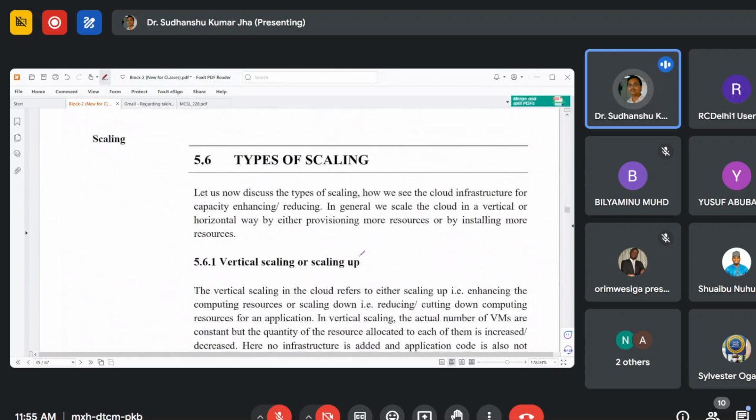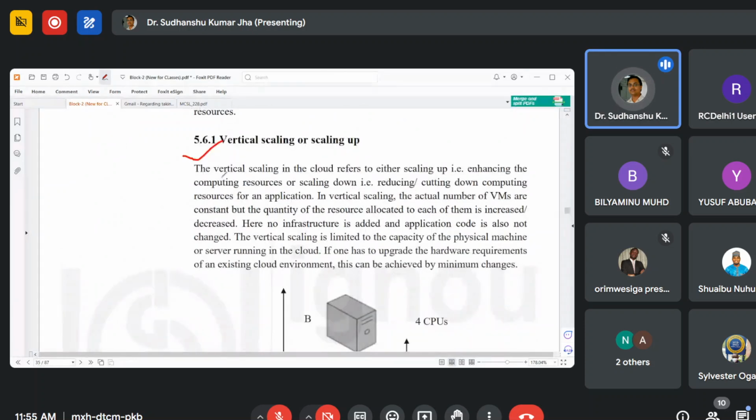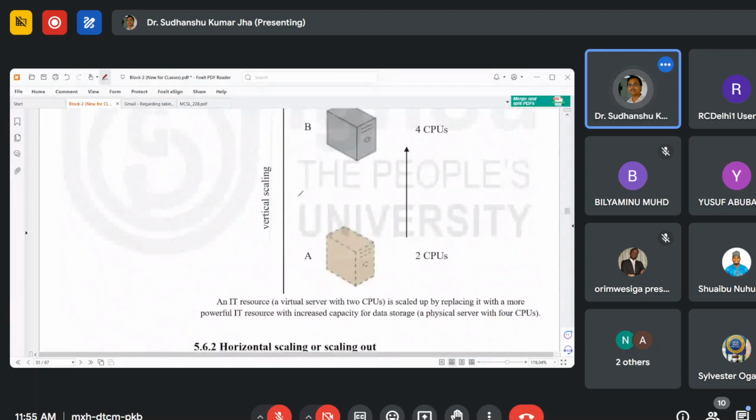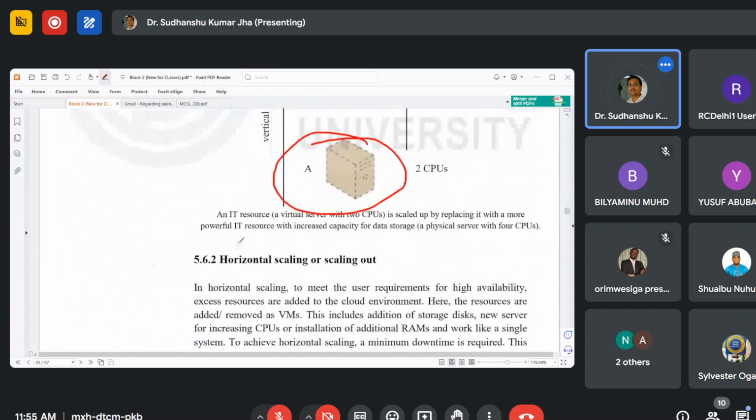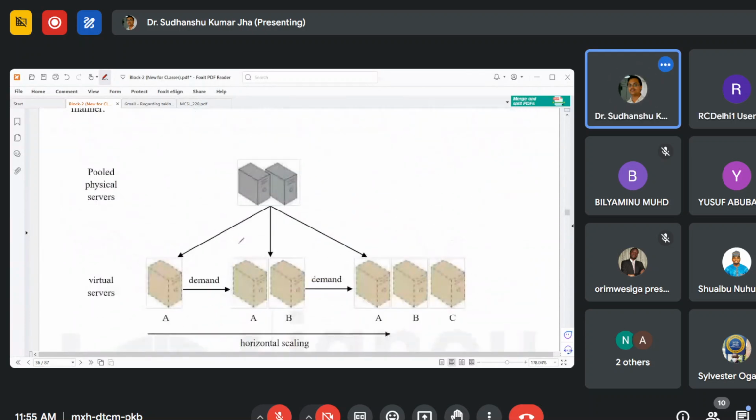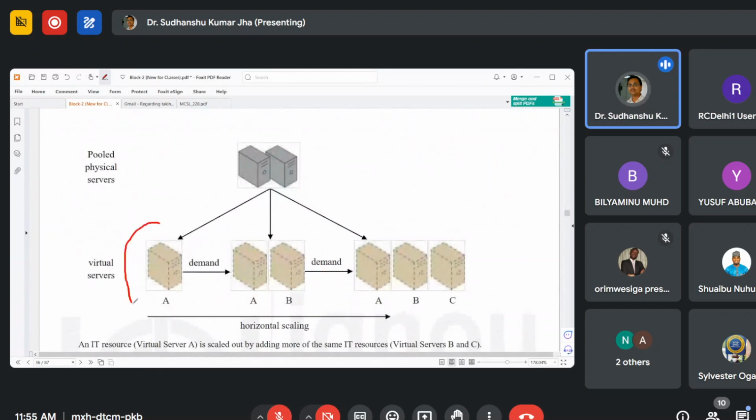As for the type of scaling, it may be vertical scaling. Vertical scaling is when currently you have two resources and you require four resources. Horizontal scaling is, for servers, the number of CPUs, memory and storage, and you have requested horizontal scaling, meaning currently you have only one and you have demanded two.